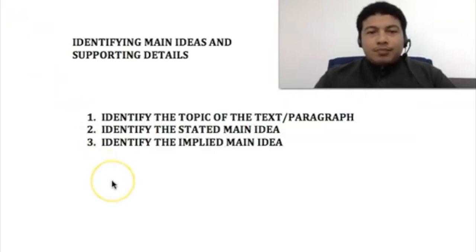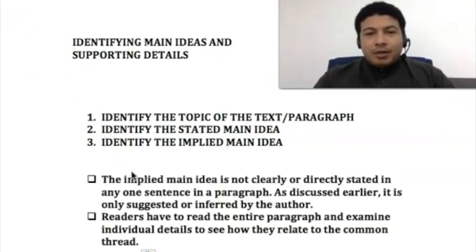So it is now time to identify the implied main idea. The implied main idea is the opposite of the stated main idea, and it is not clearly or directly stated in any one sentence in the paragraph or article. It is only suggested or inferred by the author.